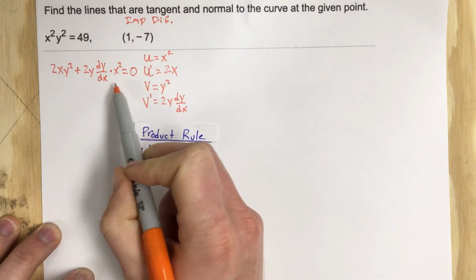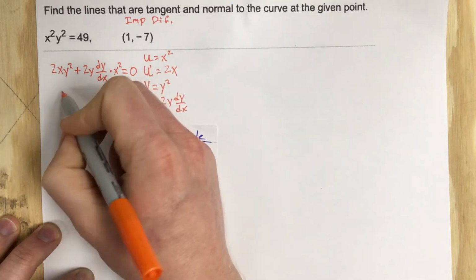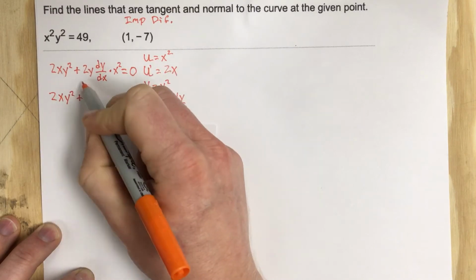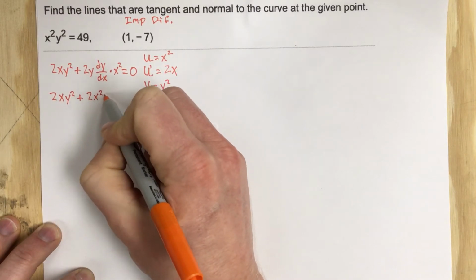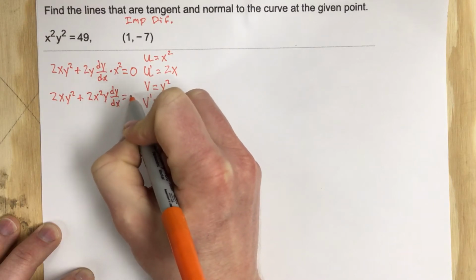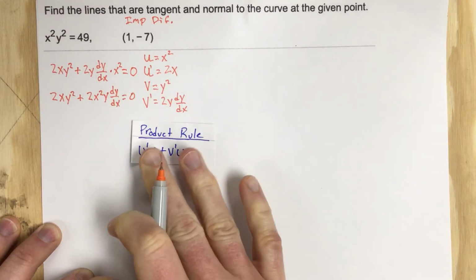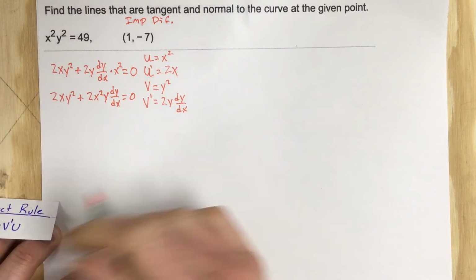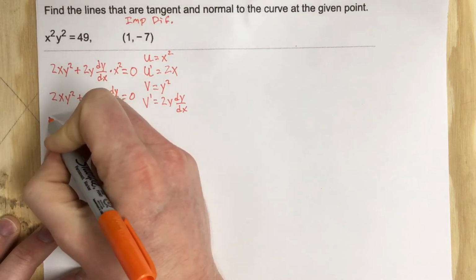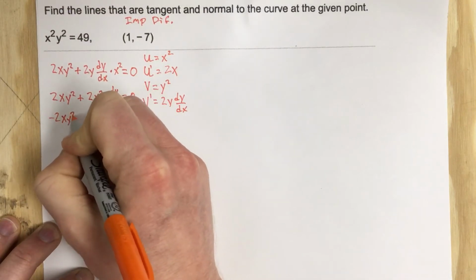So let's go ahead and combine some stuff together. So we have 2x y squared plus 2x squared y dy over dx equals 0. We're going to go ahead and subtract the 2x y squared over. So let's subtract this to the other side.